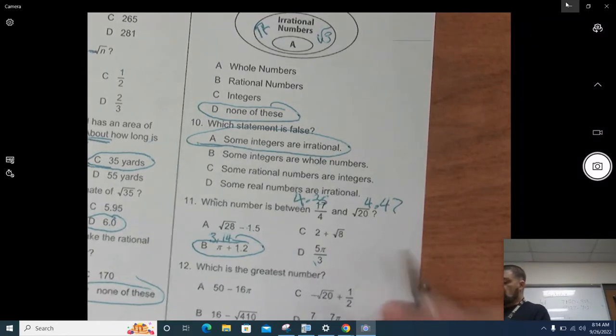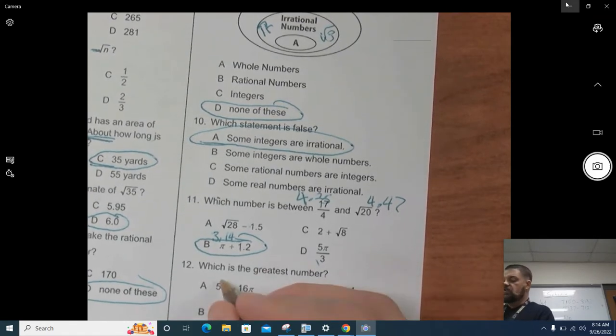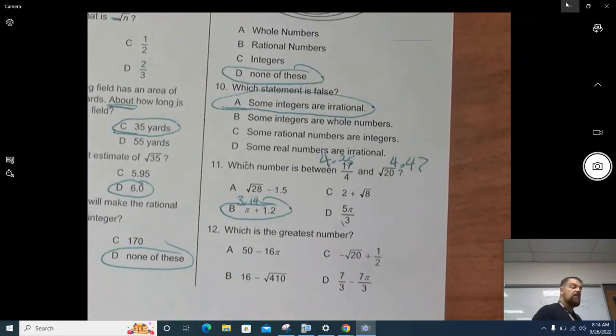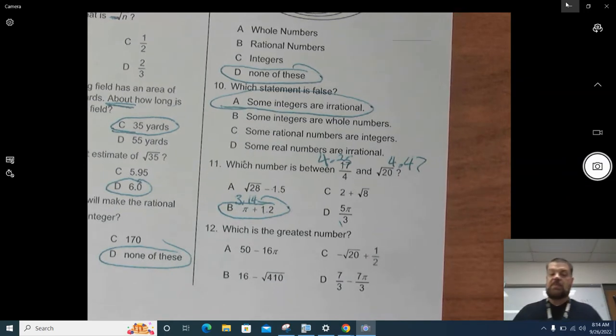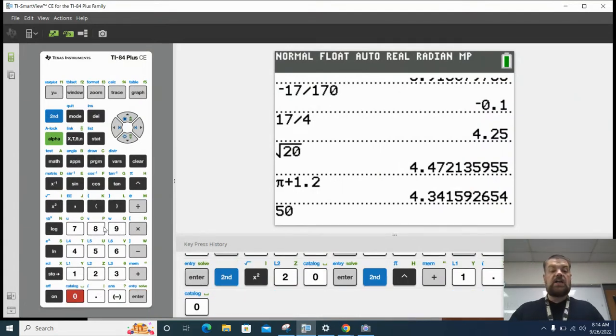Go ahead. It says, which is the greatest number? Again, what I need to do is convert all of these to a decimal, right? And then find the one that has the greater decimal. Well, let me just model it for you. So the first one is 50 minus 16 pi.